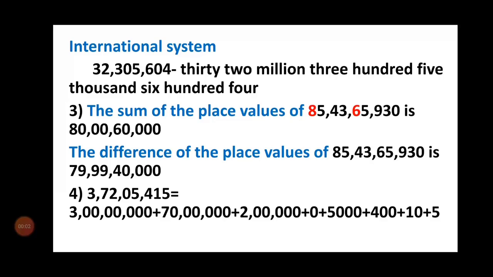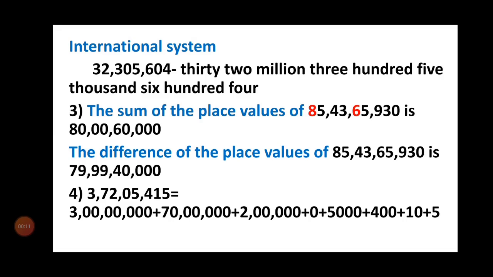International system, 32,305,604. 3. Sum of the place values of 85 crore 43,65,930 is 80 crore 60,000. Difference of the place values of 85 crore 43,65,930 is 79 crore 99,40,000.